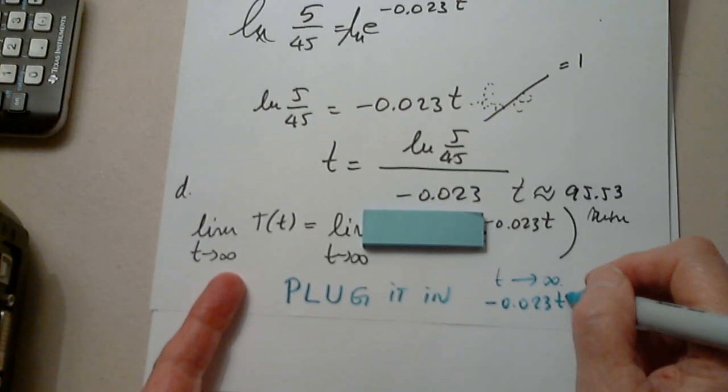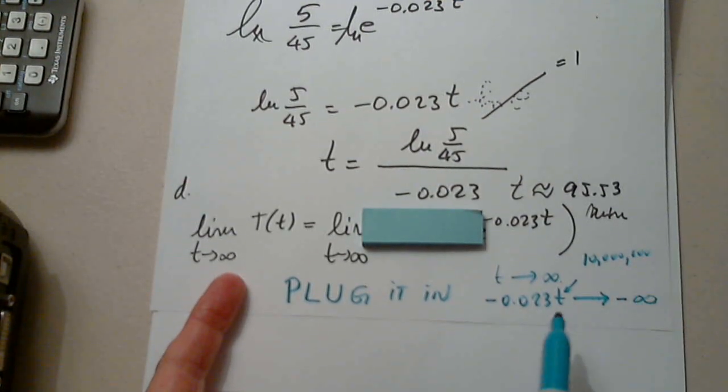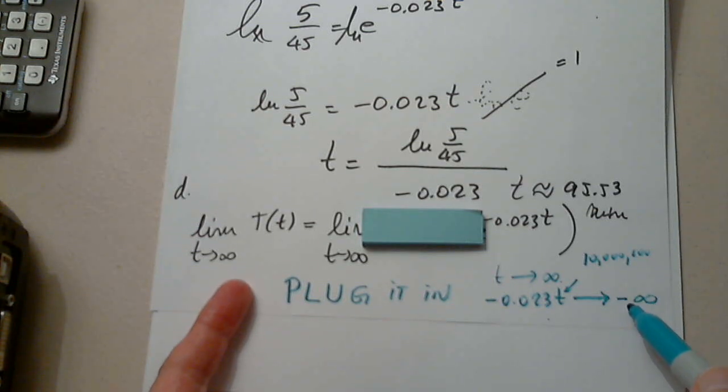So if this is 10 million, and you multiply it by negative 0.023, it will be negative 10,000, which is approaching 0, right? Negative 10,000? You wish.